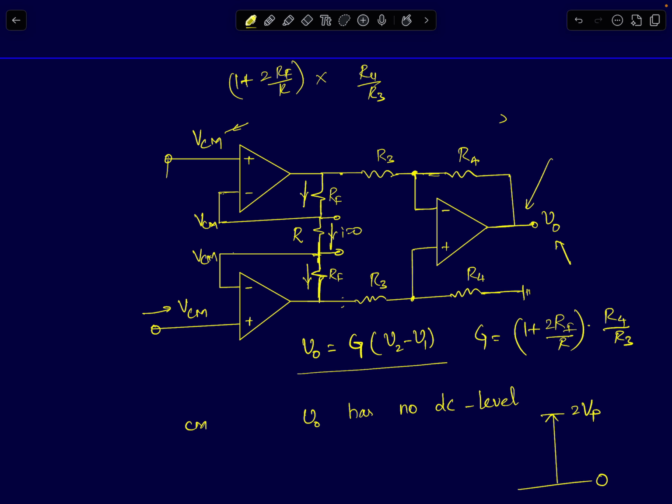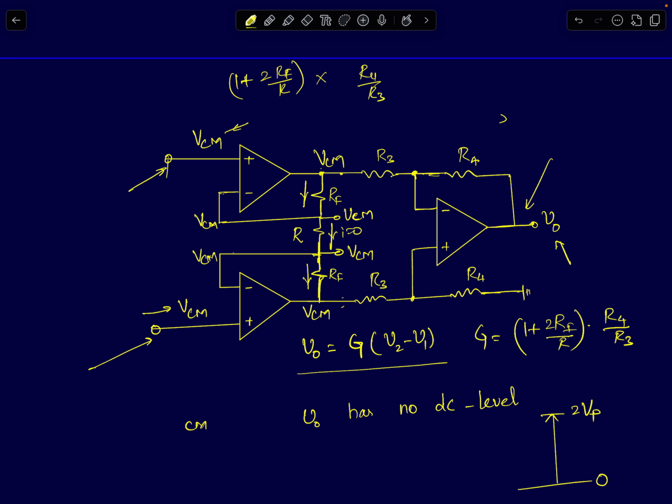So the node voltage across the resistor will be VCM, and this node voltage will also be VCM. So the differential output of the first stage, the DC voltage, will be equal to the input DC of the signals. If VCM is the input common mode, the output of the first stage differential amplifier will also have a DC level of VCM.